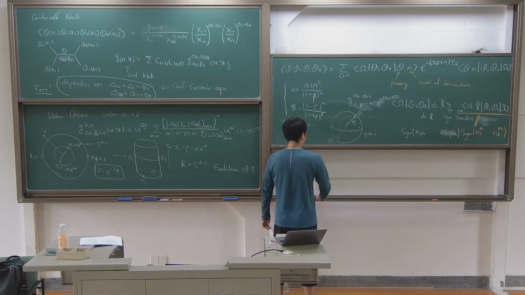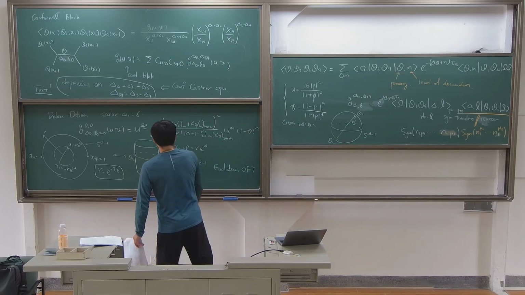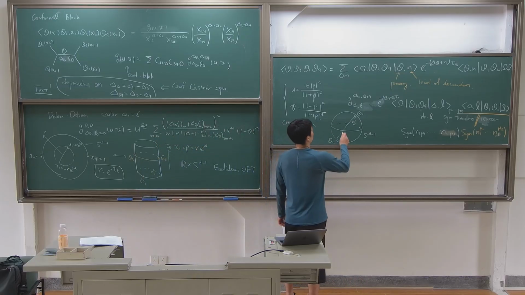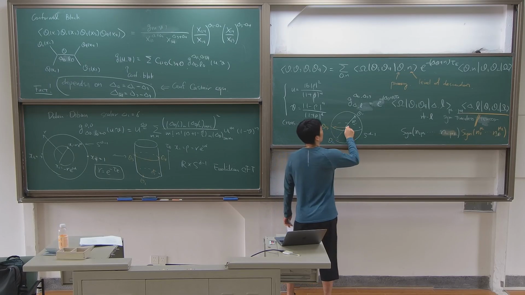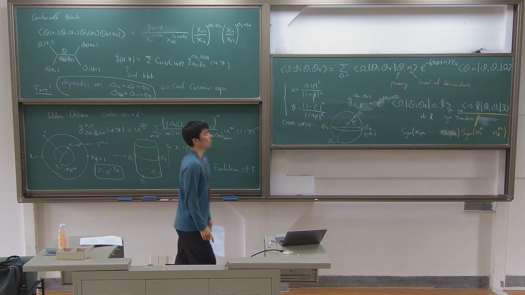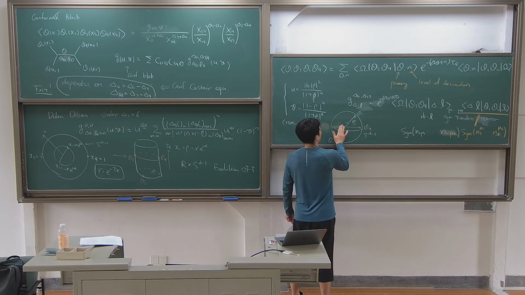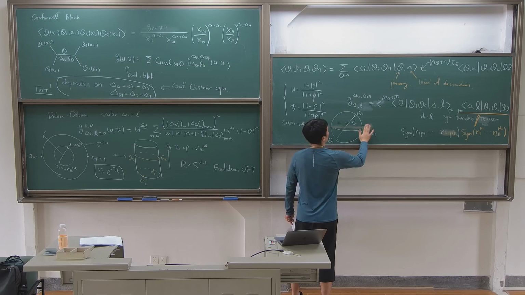So n2 is, at this point, O3 and O4 pointing in some direction like this. Maybe it's better to put them along the z-axis.